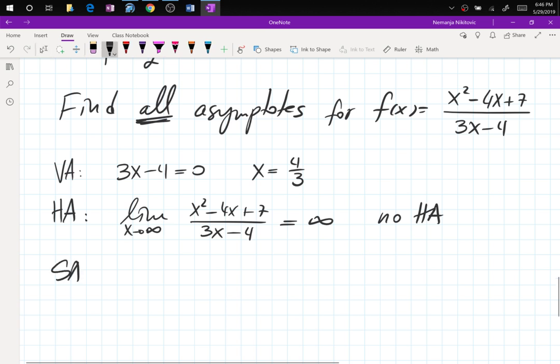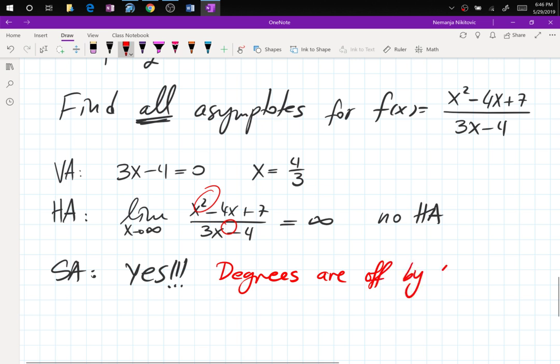And finally, slant asymptote: yes, because the degree is 2 and the degree is 1, and they are, I'll write it in blood, off by 1.